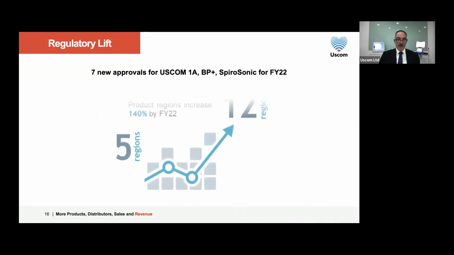This 140% increase in sales regions is anticipated to significantly grow revenue as new specialised distributors are appointed, inducted, and become active in new markets.